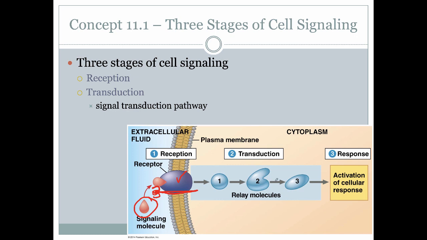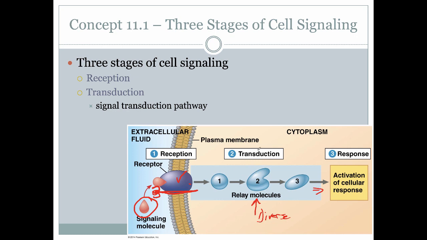As you'll see from all the examples that we're going to do, cells have various molecules, and these are going to be very diverse, meaning there's lots of different ways the cell does this. But all of them are going to do the same thing. They're essentially transmitting the signal from the receptor to the inside of the cell somehow. They can do a variety of things, and I'll show you some different examples of how this occurs.